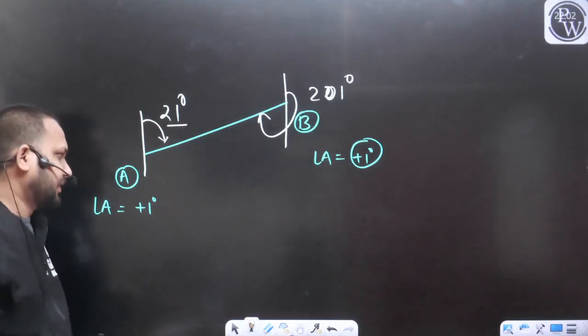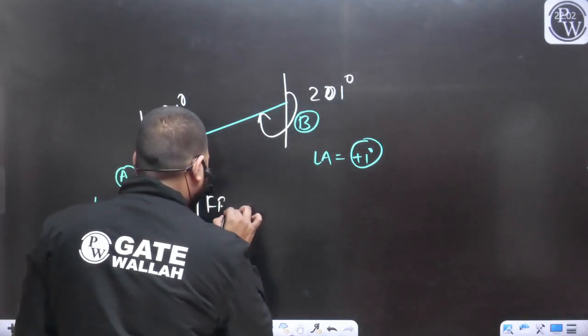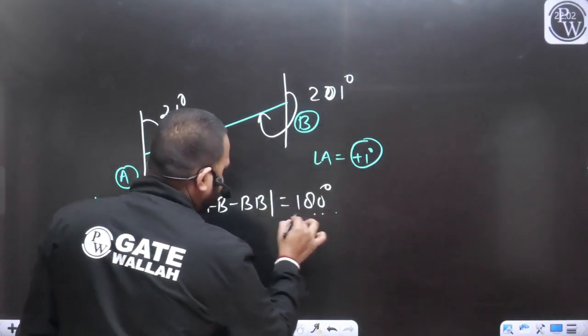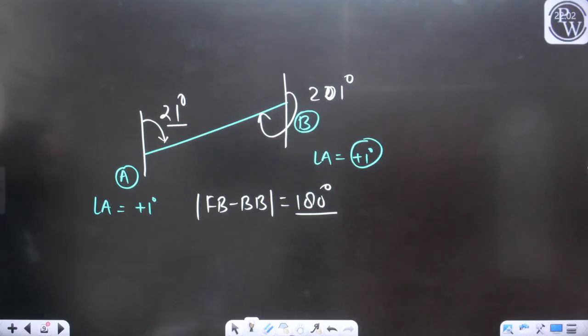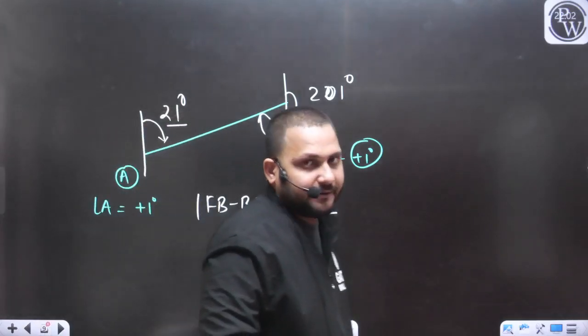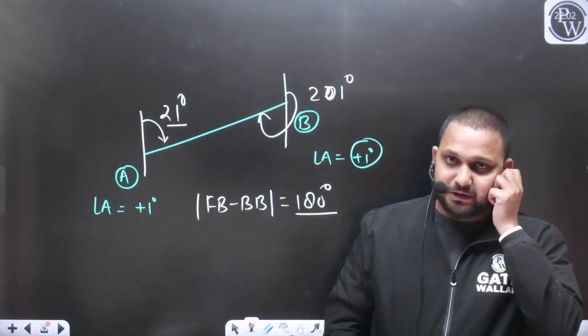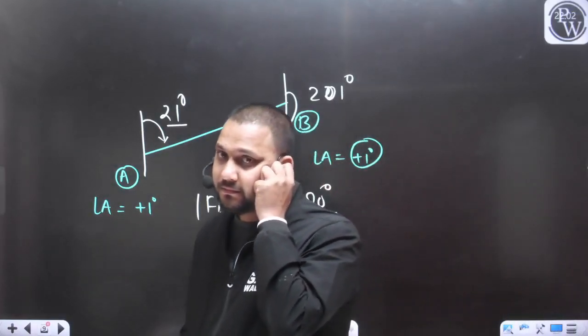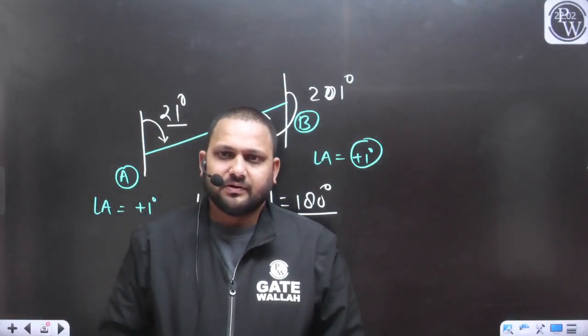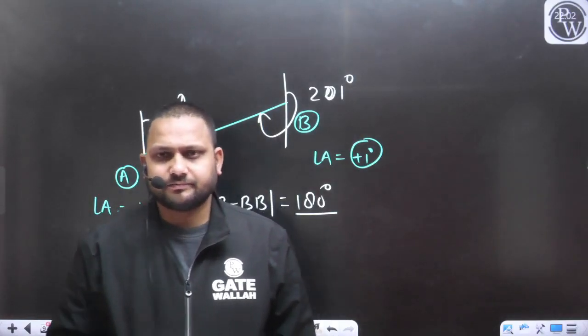In that case, what will be the difference of the fore bearing and back bearing? Here also you are getting the difference of the fore bearing and back bearing as 180 degree. So conceptually this may be the possibility. Follow the previous lecture.